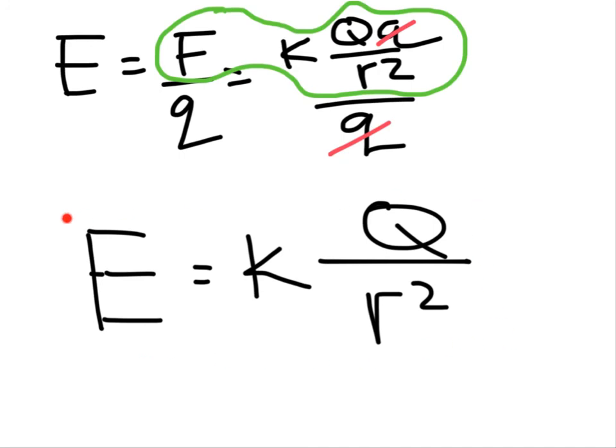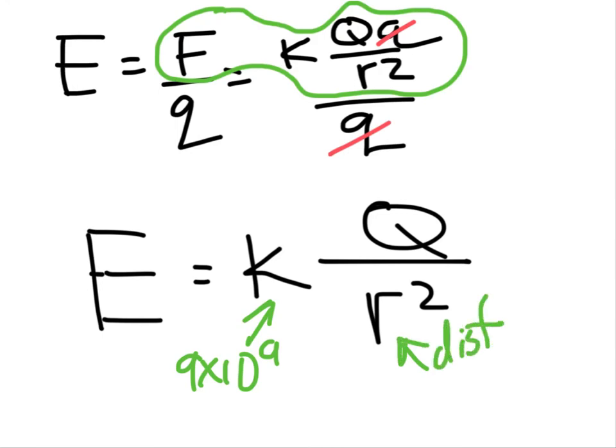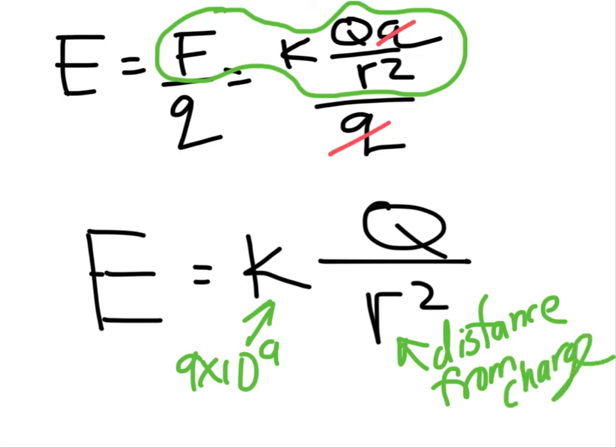So the electric field strength caused by some charge can be described by this equation, where K is 9 times 10 to the 9th, and R is the distance from the charge, and this is the charge.